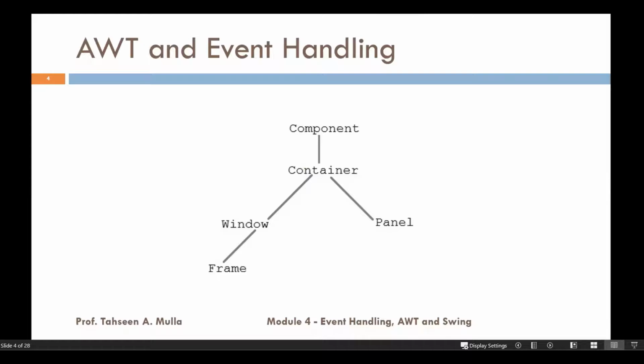Whereas Frame, again a subclass of Window, can be resized. If it can be resized, it will have its border. So you can click it and drag it horizontally, vertically, or at the bottom corner you can click and drag away.